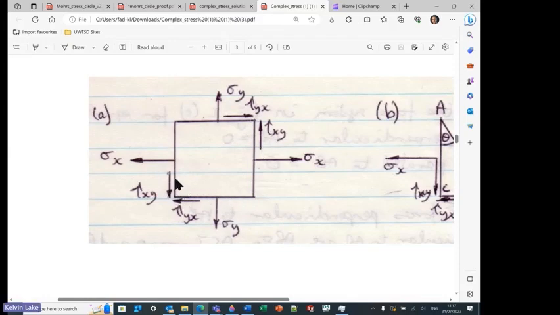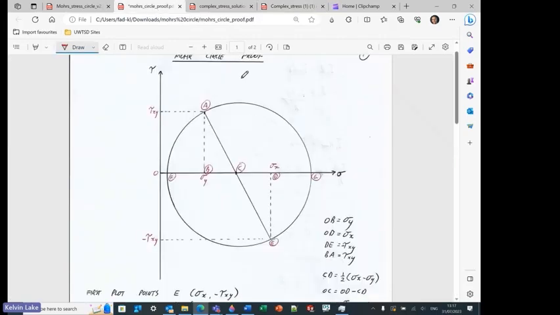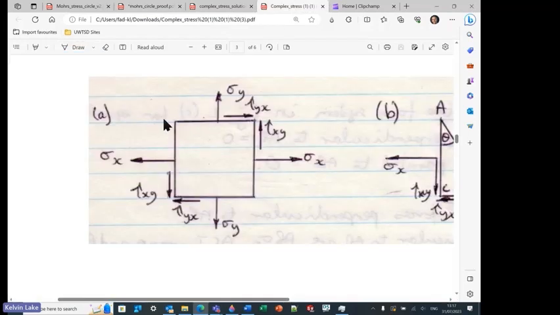And because this thing's in equilibrium, we must have the shear stresses on those vertical planes as well. So there's our complex stress system. Okay, we could represent that by our Mohr's circle. So here would be our Mohr's circle representation of that. So any point on this circle represents a point on this element here.